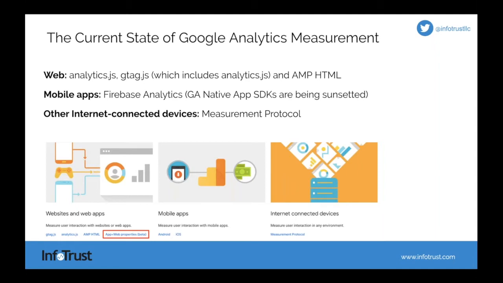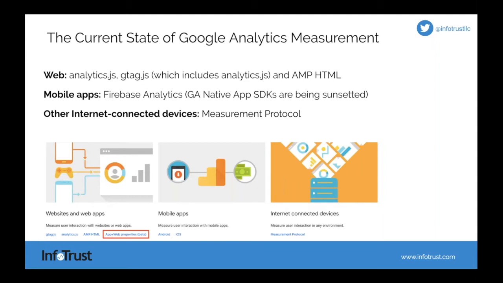But generally, the enterprise level clients that we're working with actually use a tag management system already. So there's really not a point to using gtag at that point. But it is a bit confusing there between analytics.js and gtag.js. Just know gtag.js actually loads the Universal Analytics code, which is analytics.js. And HTML, that's also another version of web tracking that you can do.